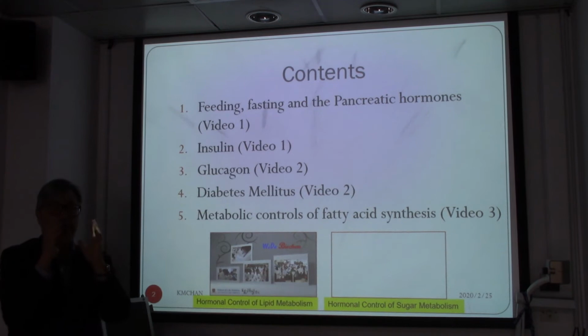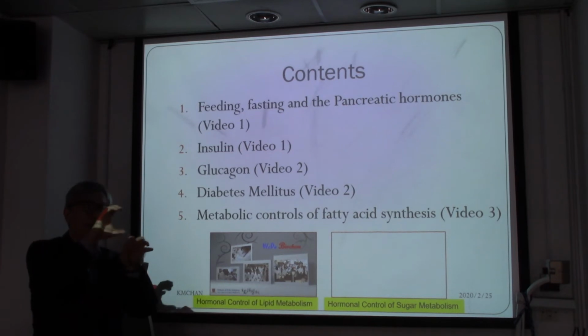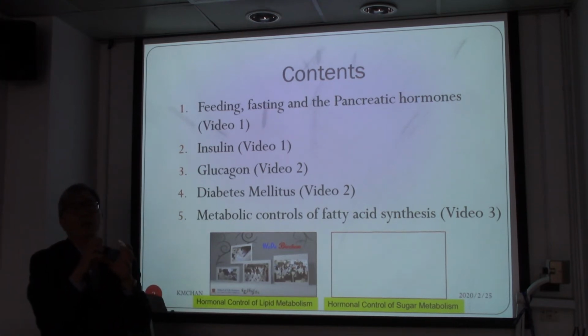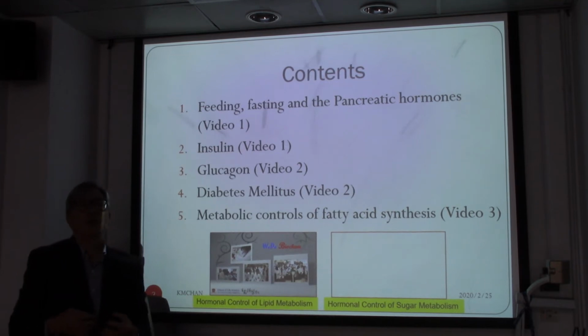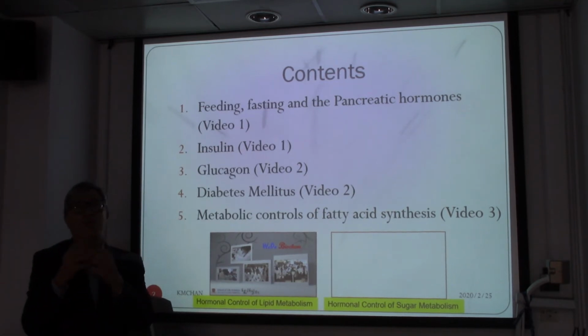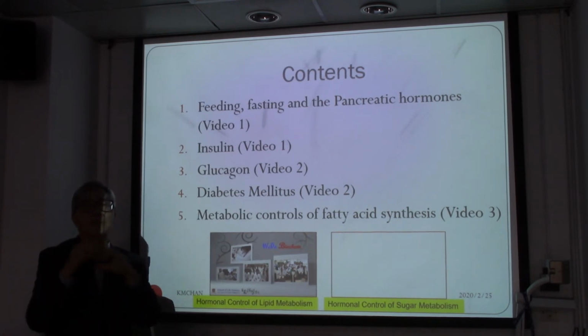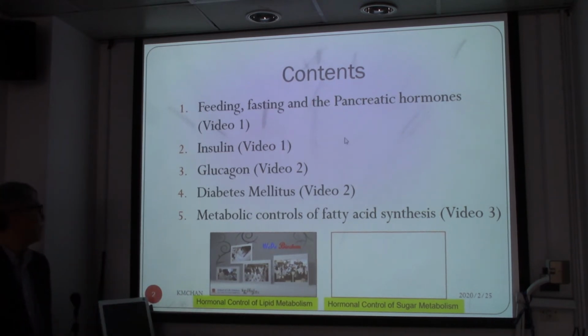Lipid is another form, not carbohydrate, but lipid is the carbon molecules with a polymer forming into fatty acids. Okay, so these are all carbon materials that we could store, like fatty acid, or fats, we can store inside our body. So if we want to utilize them, we have to convert fatty acids or fats back into sugar. So they are closely linked together. Okay, so at the end we have this metabolic control of fatty acids in video 3.